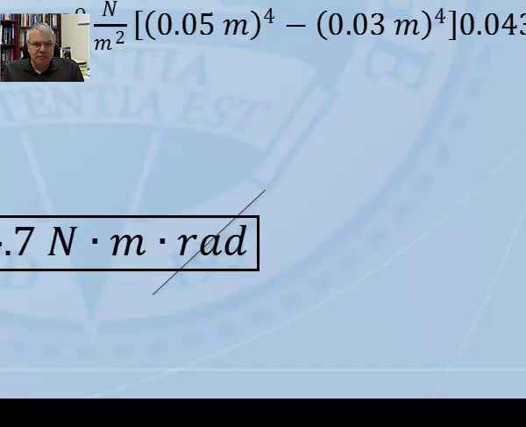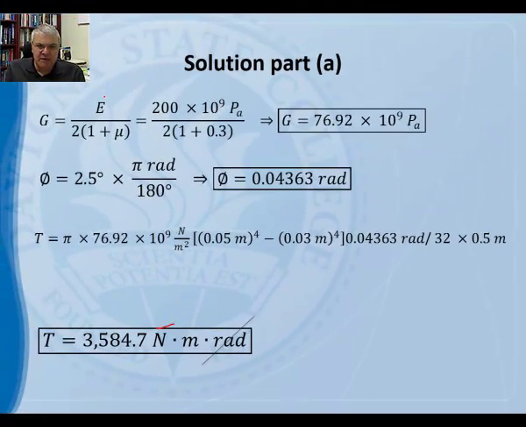So let's look at the first part of the problem. Really, it's number crunching. We just do a numerical substitution, and the formula is given. We calculate G first, knowing E, knowing mu, knowing the formula. E is given, mu is given, and you can simply calculate G. Again, we do a numerical substitution, and torque would be in Newton meter radian.